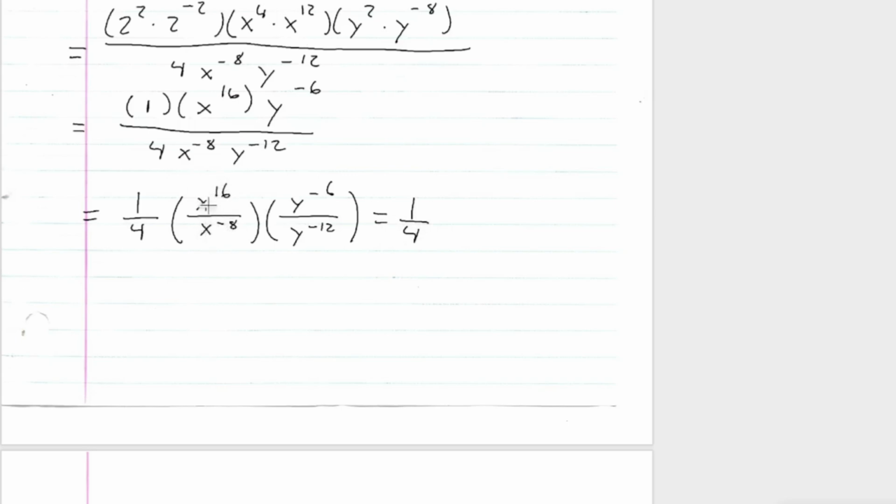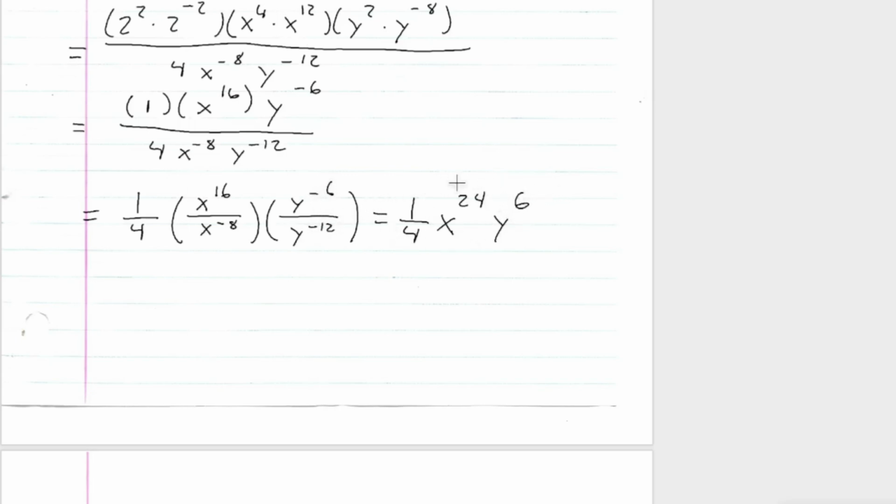So whenever you divide and they have the same base, you subtract. So this will be x to the 16 minus -8, which turns into 16 plus 8, which is 24. And then y, so the -6 minus -12, which would be -6 plus 12. So that would be 6.